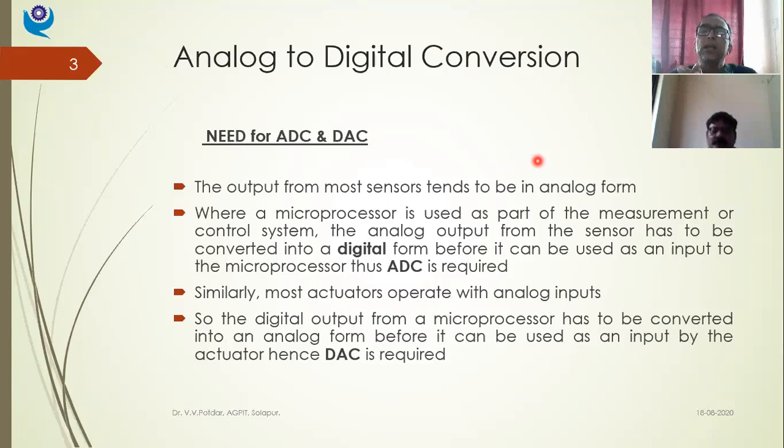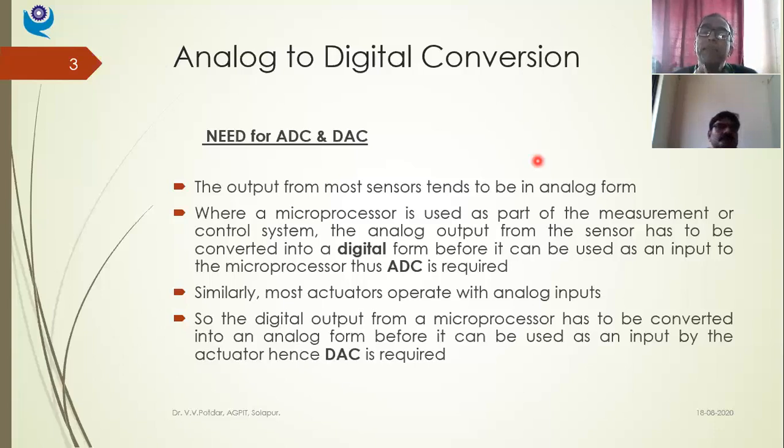A microprocessor works on digital signals, so it cannot understand analog language, continuous voltage language. My signal conditioning device, which is a controller, is my microprocessor. It understands only digital language, binary language. Binary code it can receive and it can give out binary output only. So the controller part is a microprocessor which runs on digital logic.